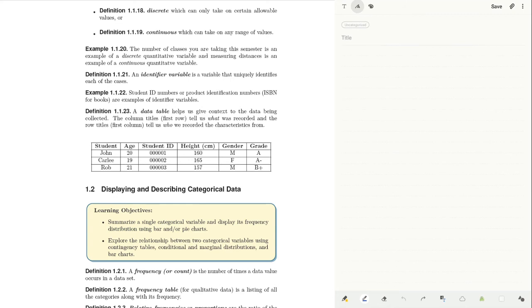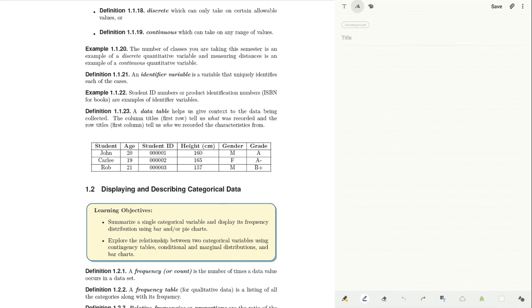For example, the number of classes you are taking this semester is a discrete quantitative variable, since you can take 4 or 5 classes, but you can't take 4.5 classes. And measuring distances is a continuous quantitative variable, since distances could be 4 or 5 centimeters, or any range in between them, like 4.5 centimeters.